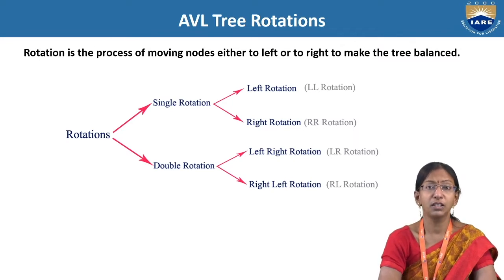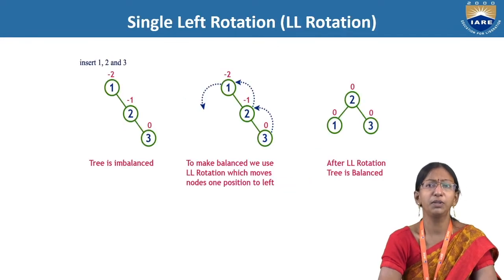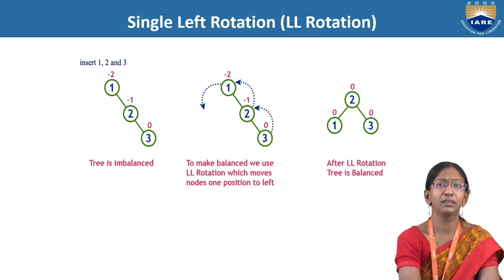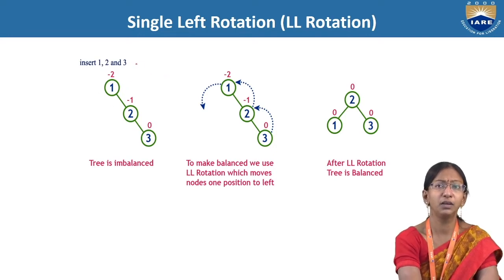Which rotation technique we need to implement, we are going to see now. It all depends upon the element which got newly introduced into the construction of the AVL tree, which made the tree imbalanced. Have a look at this example. Initially the process is of inserting 1, 2 and 3.